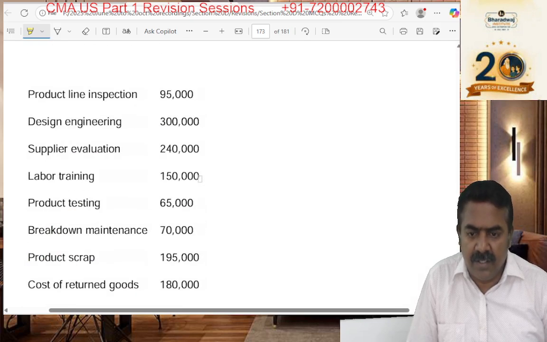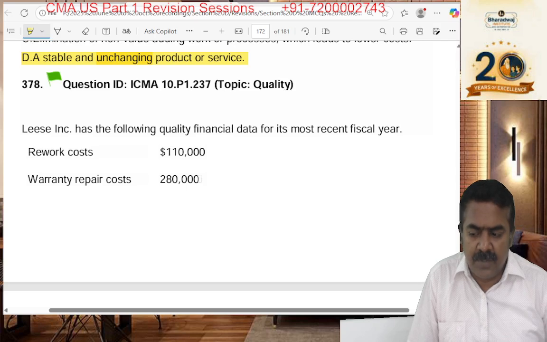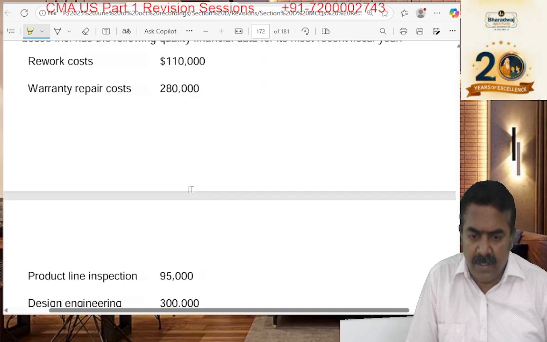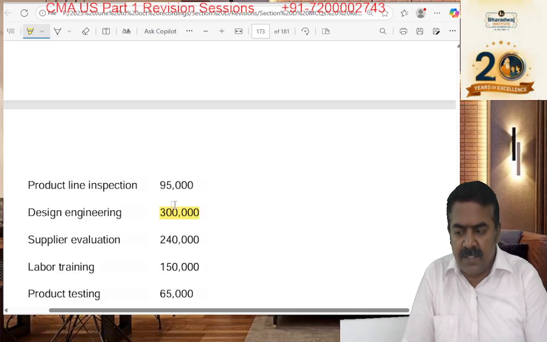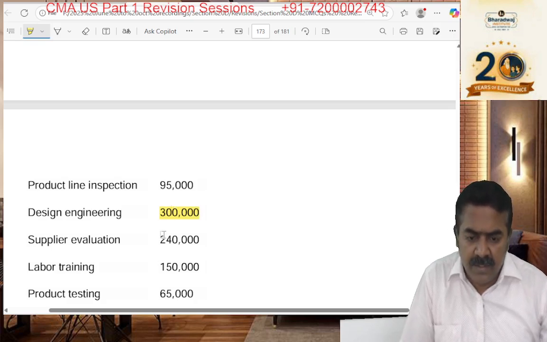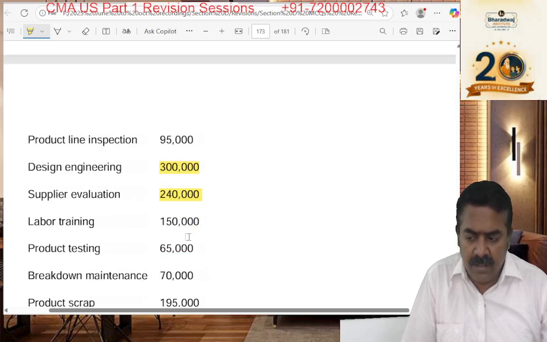Prevention cost of quality. What is prevention cost here? Rework repair is not there. Design product line inspection is appraisal, a kind of appraisal. Supplier evaluation is a kind of preventive cost. Then labor training is also.